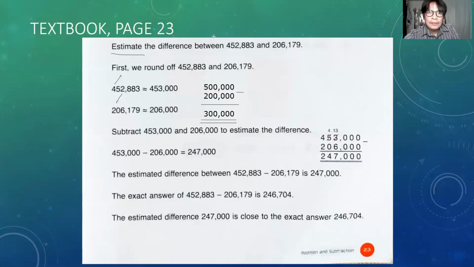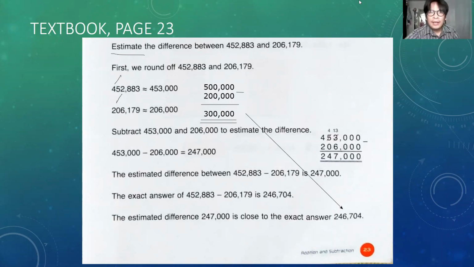Okay. So you notice that the difference, 300,000, is close to 246,704.